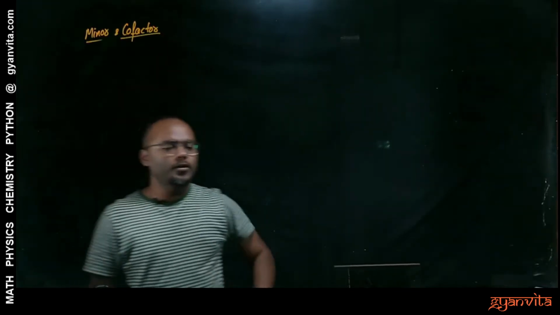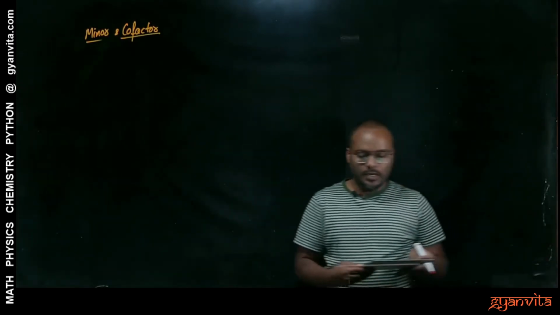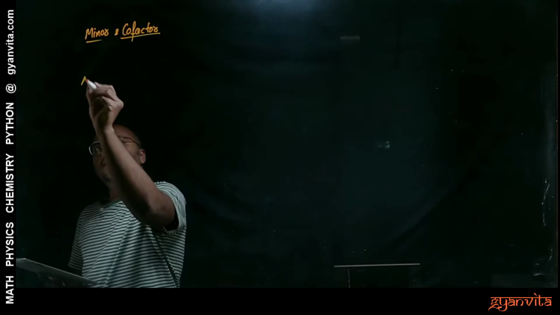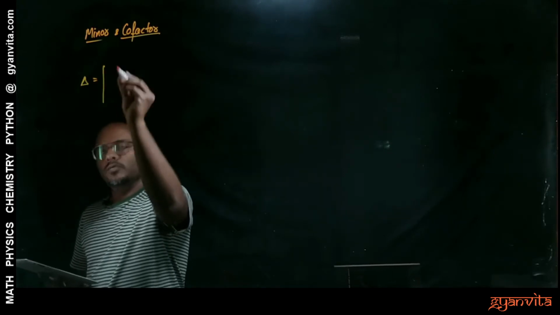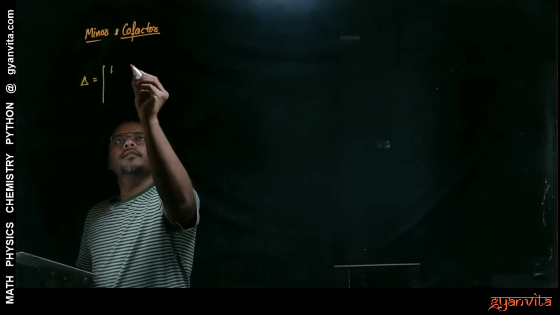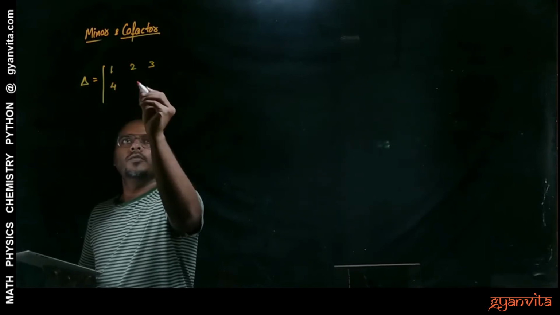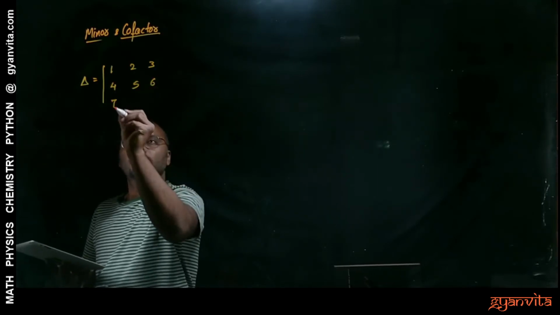These are two concepts related to a determinant. Say your determinant delta is equal to 1 2 3, 4 5 6, 7 8 and 9.